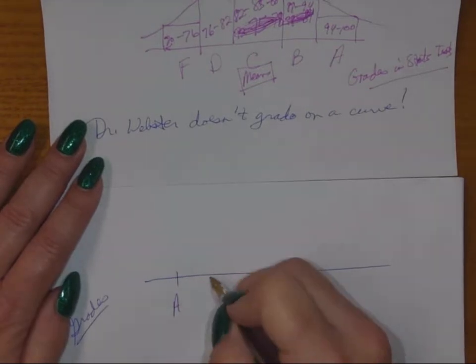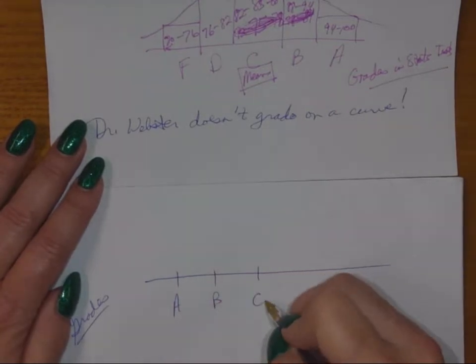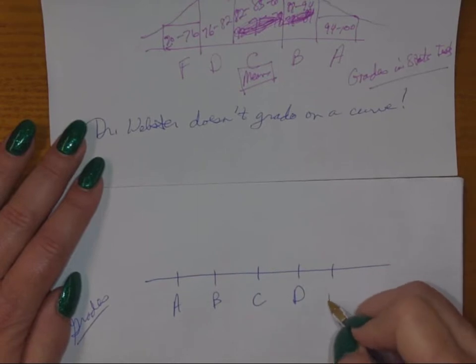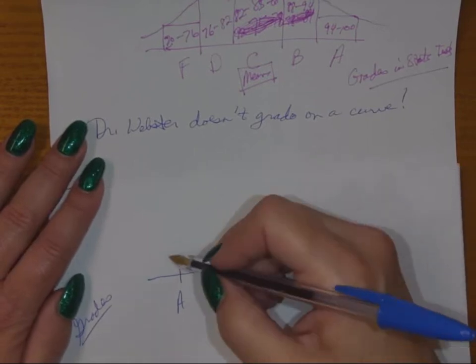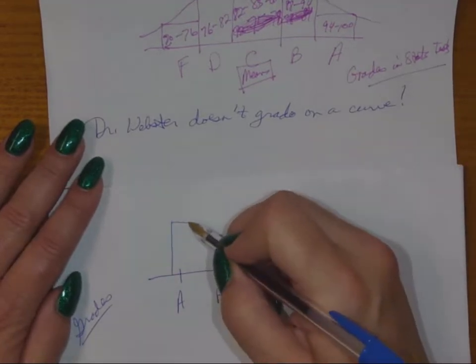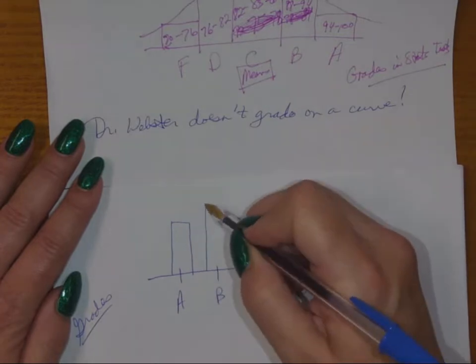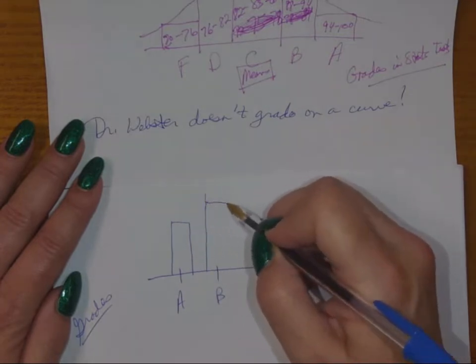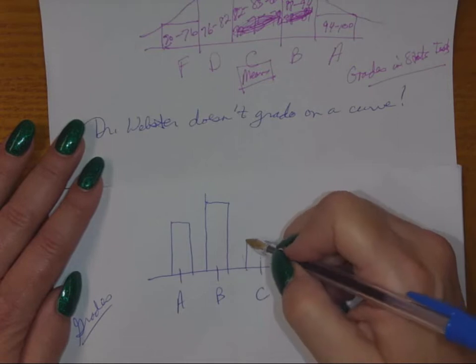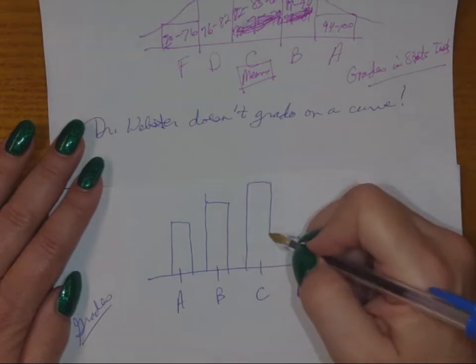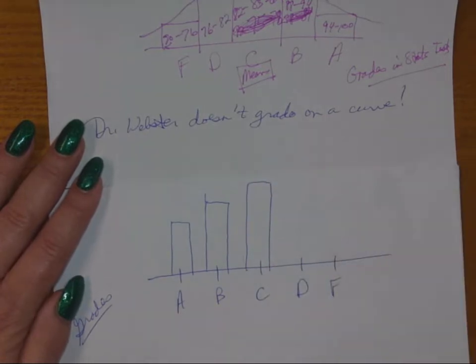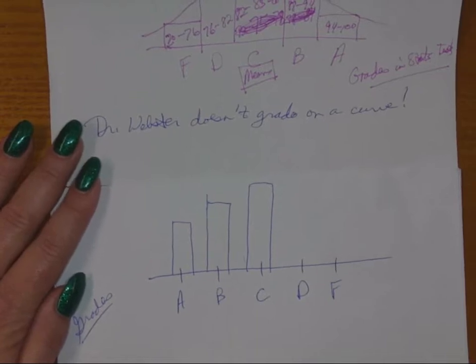Let's say this is an A, this is a B, this is a C, this is a D, and this is an F. Let me put them in order. And so normally what will happen is I have a lot of A's, I have more B's, and I have tons of C's. So that's kind of a normal thing. And it kind of looks standard, right? Okay, that looks a little normal.